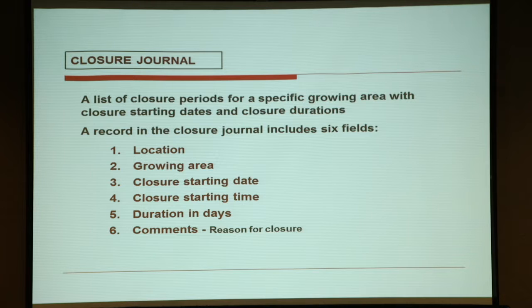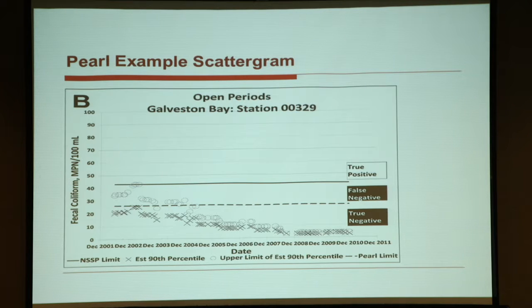Closure journals are a list of closure periods for a specific growing area with closure starting dates and closure duration. A single record in a closure journal includes 6 fields: location, growing area, closure starting date, closure starting time, duration in days, and an area for comments if the agency chooses to do so.